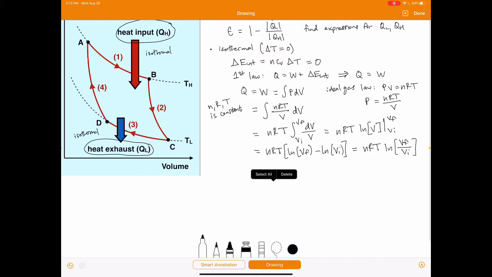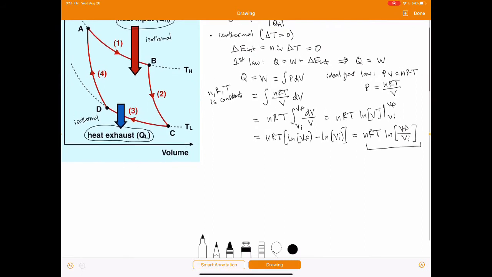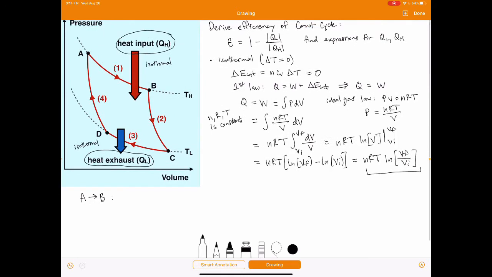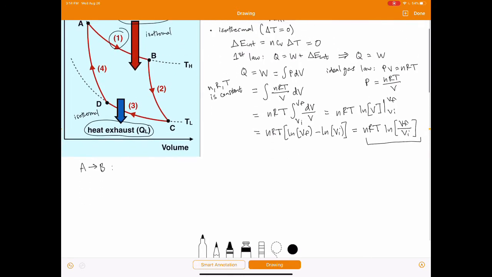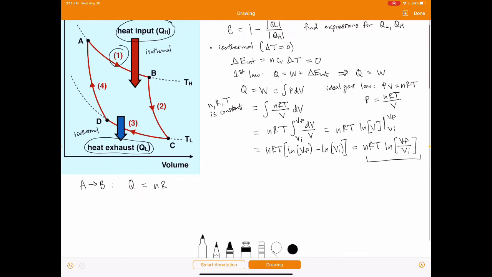Okay, so that's generally the expression for the heat transferred to the gas during an isothermal process. So if we specifically consider the process that takes us from A to B, that's this one over here, process 1, then the heat added to the gas during that process is going to be N times R, and specifically the temperature is TH.